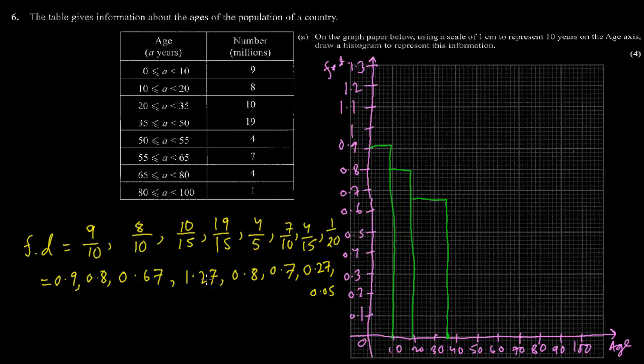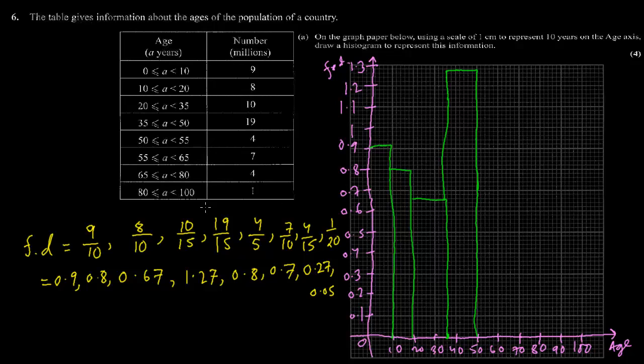The next one is 35 to 50. It is 1.27. So 35 to 50, this is going to be the highest building, if we use the term. So 1.27, so that would mean 2, 3, 6, 7, somewhere around here. So that would be the next building.